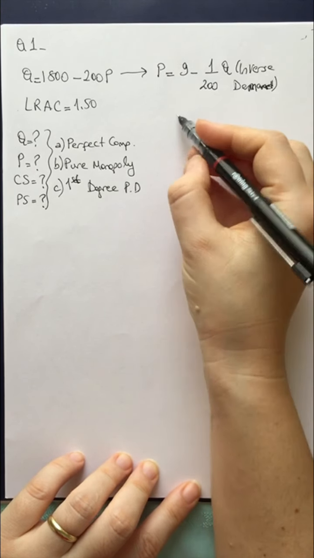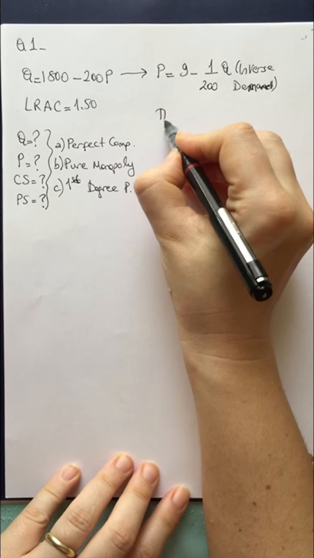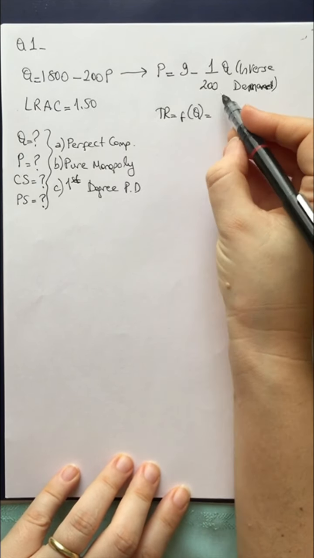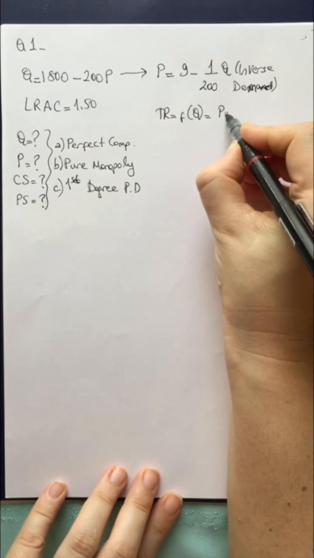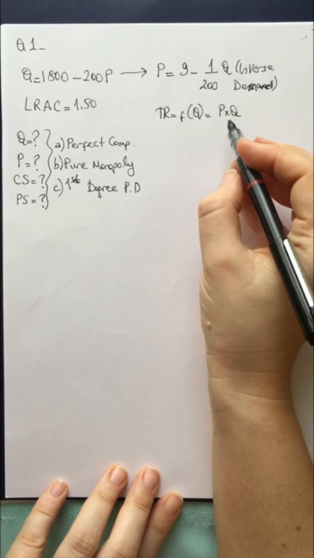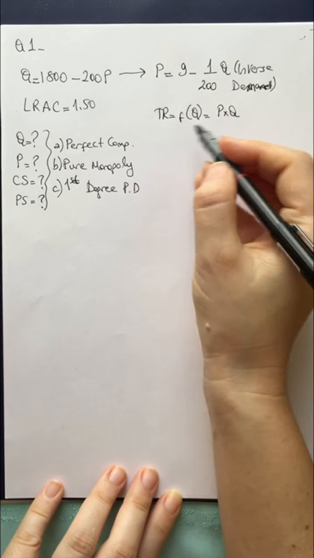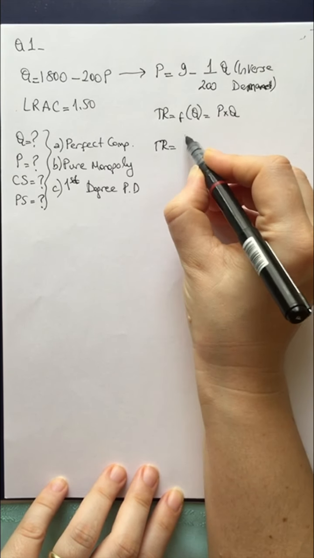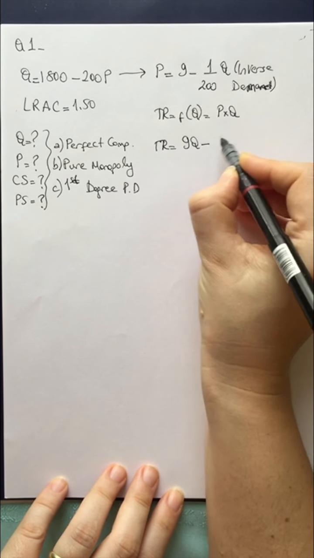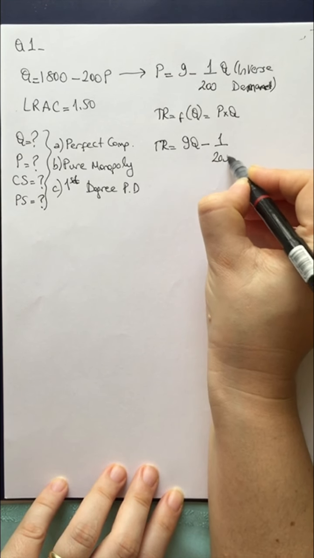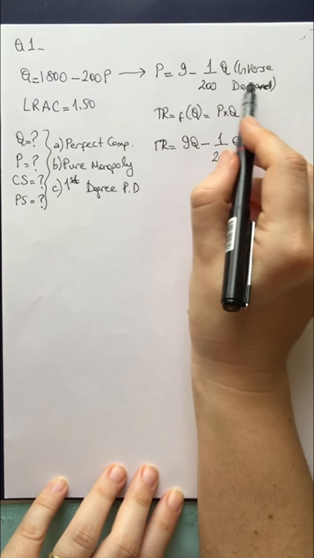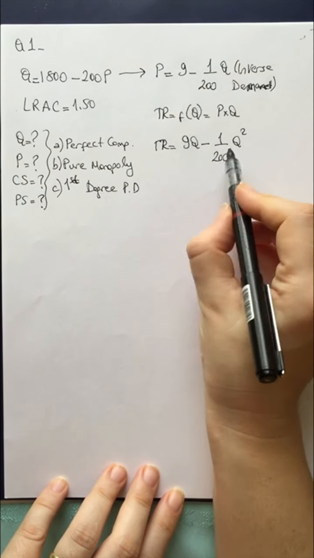And total revenue, as a function of the level of output, is price times quantity. So the total revenue is 9Q minus 1 over 200 Q squared. Just multiply the inverse demand by Q.